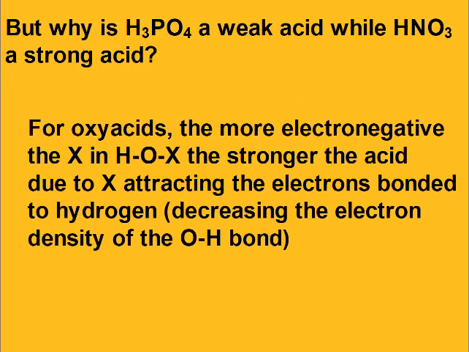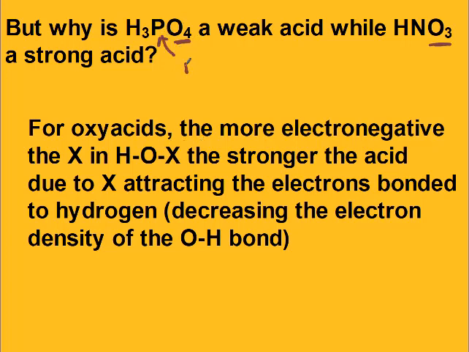So why is H3PO4 a weak acid then, while HNO3 is a strong acid? This one has 4 oxygens, this one only has 3 oxygens. Well, it comes back down to polarity. For oxyacids, the more electronegative the X in HOX, the stronger the acid.